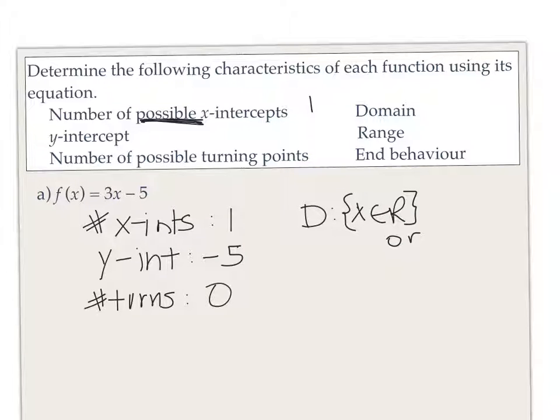Or you can write from negative infinity to infinity. And that's for all linear functions. Actually, domain, that's just all functions. All the functions we're going to see in this unit are like that. The range is the same here, but you would write y ∈ ℝ, or negative infinity to infinity.